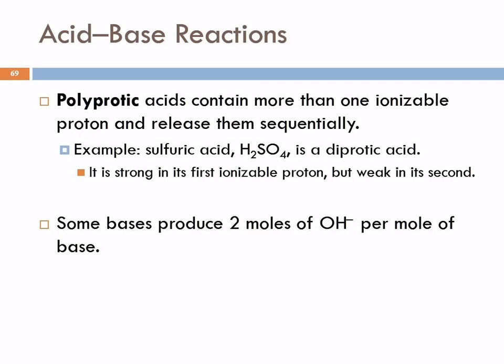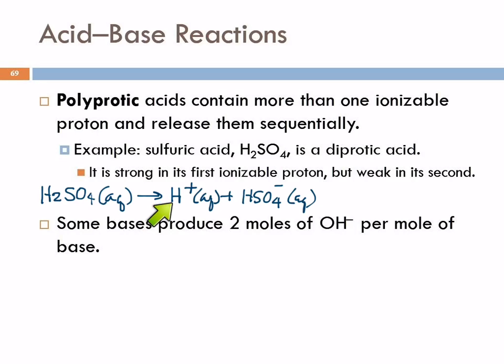And they actually do come off one at a time. So we can get the H2SO4 aqueous, and that can dissociate into hydrogen ions, which would be riding piggyback on a water molecule, plus a hydrogen sulfate ion.